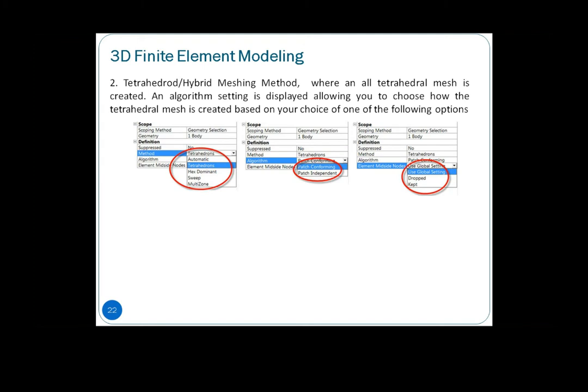One is called patch conforming, like just now we have seen in automated one, and another one is called patch independence. After the element, you have the element inside nodes, like I mentioned, either you want to use quadratics or you want to use linear. Under the new version, you will see the orders only of linear or quadratics, not drop and cap anymore.